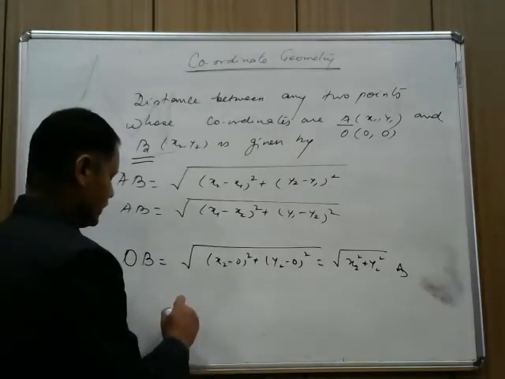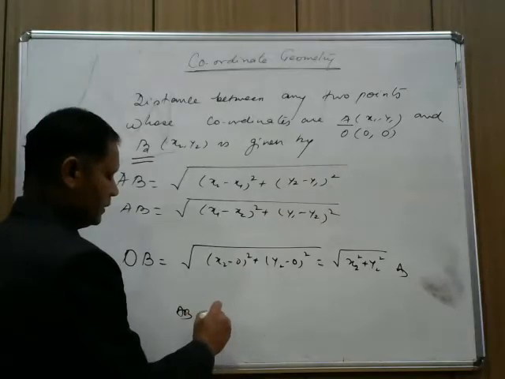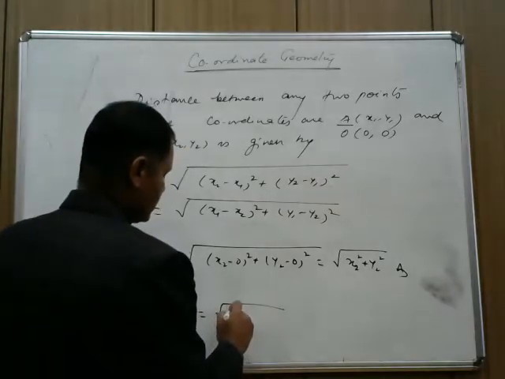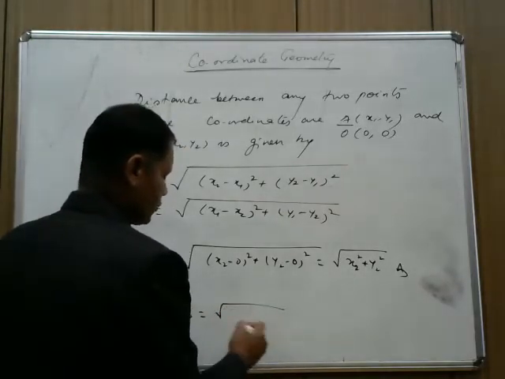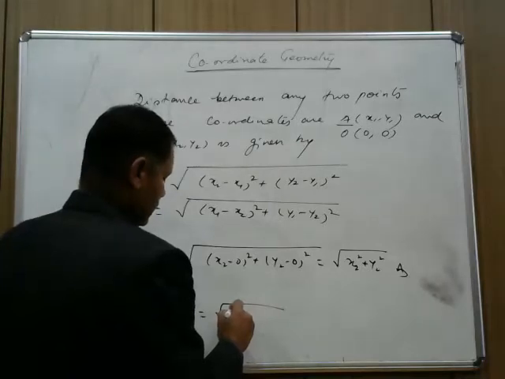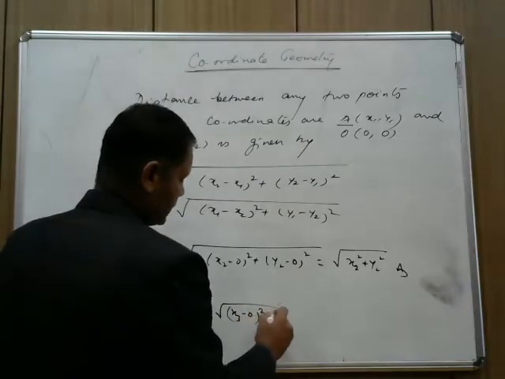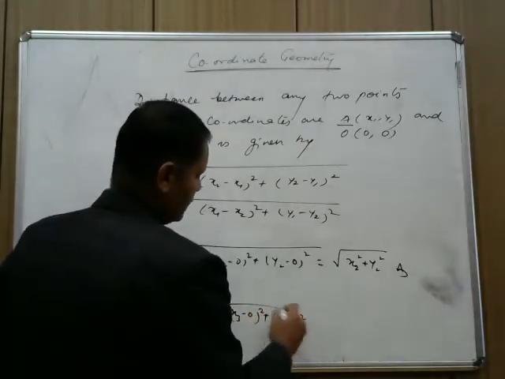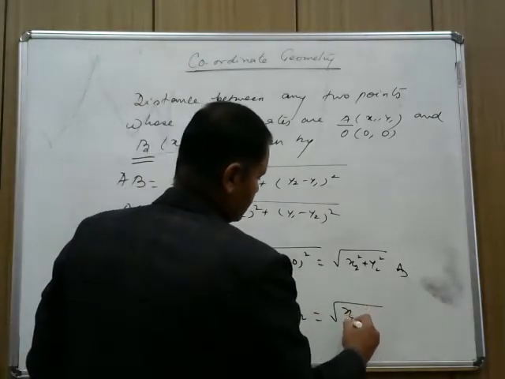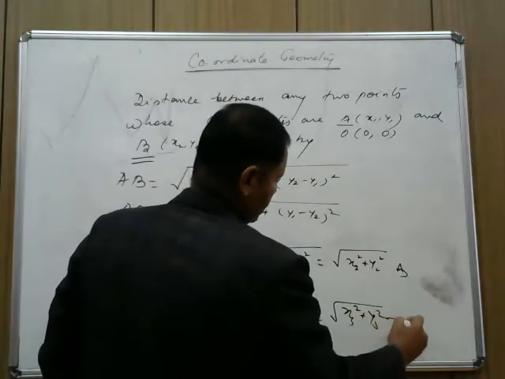That means suppose one point has coordinates x3, y3: x3 minus 0 whole square plus y3 minus 0 whole square, then I write simply x3 whole square plus y3 whole square.